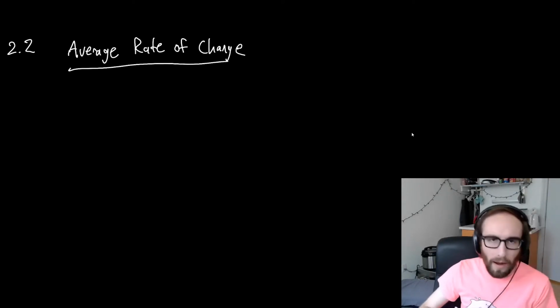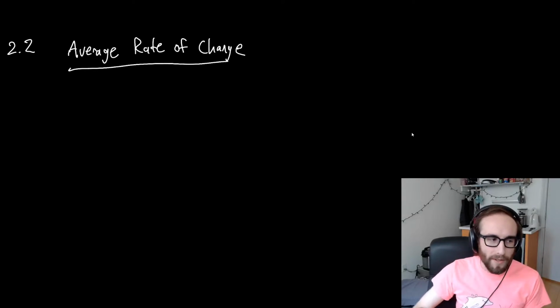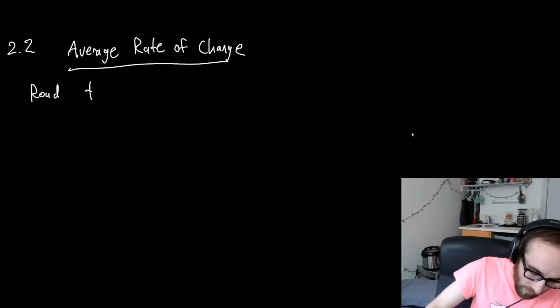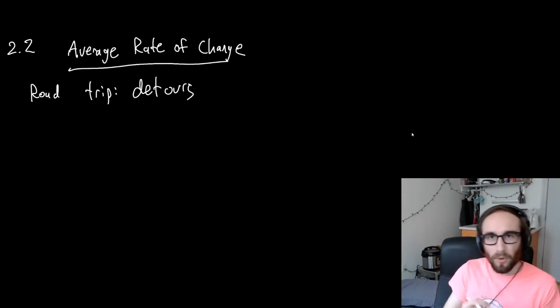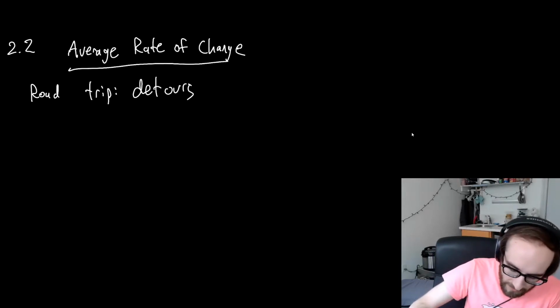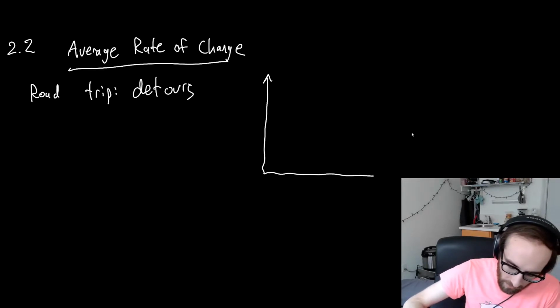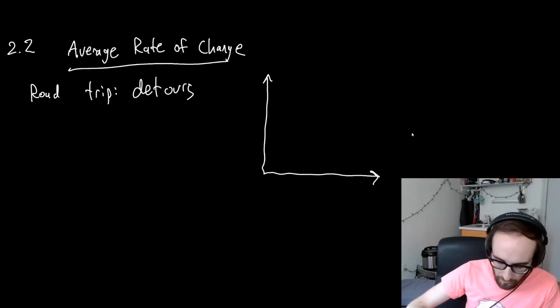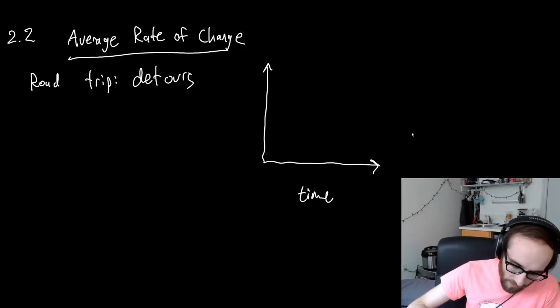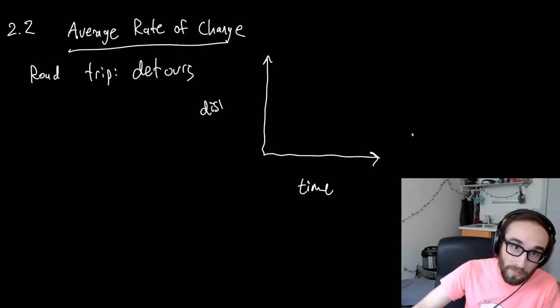So an example of average rate of change is, let's say you're taking a road trip, but you have to take a few detours and turn backwards at a few points, and it takes you a lot longer than you expect. And let's take a look at a graph of your trip. So on the bottom here, let's do time. On the top, let's do distance from your house.